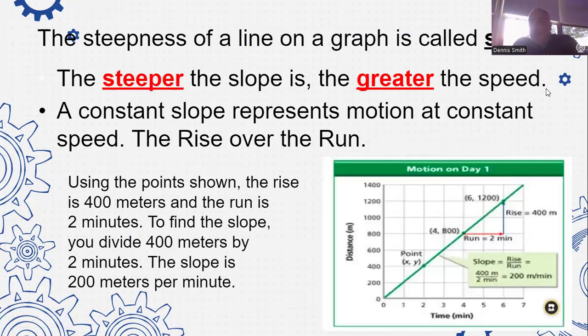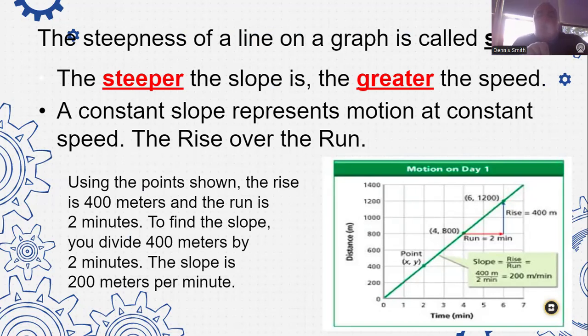So here we have, I'll move this so you guys can see the whole thing. The steepness of a line on a graph is called the slope. It's the rise over run. I know you guys know that already. You've had it in math multiple years.